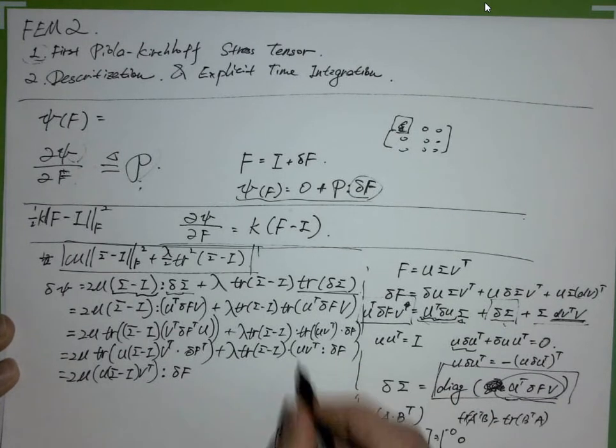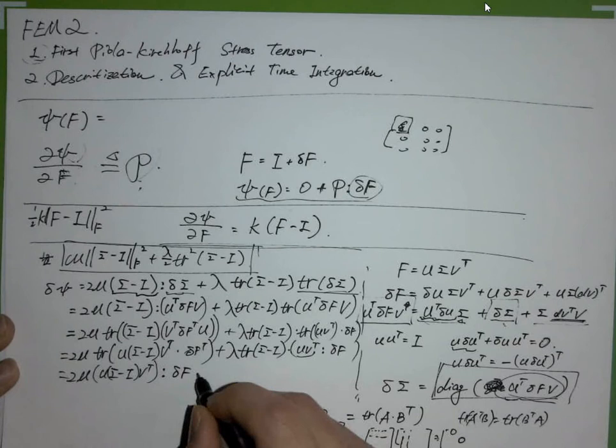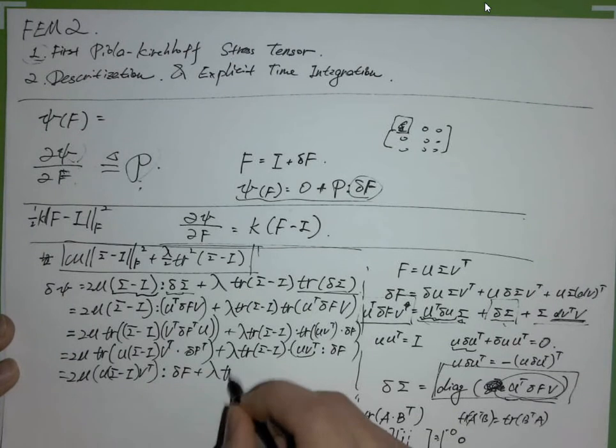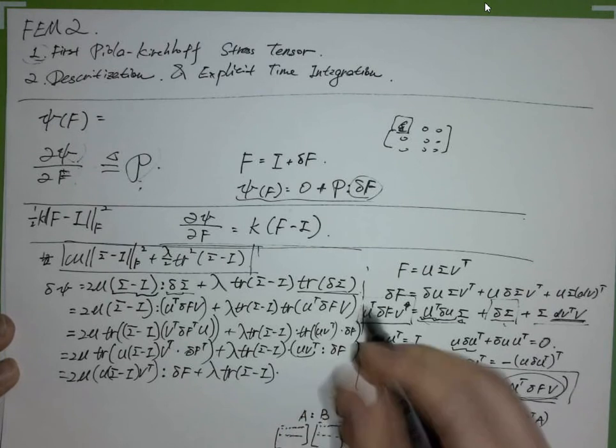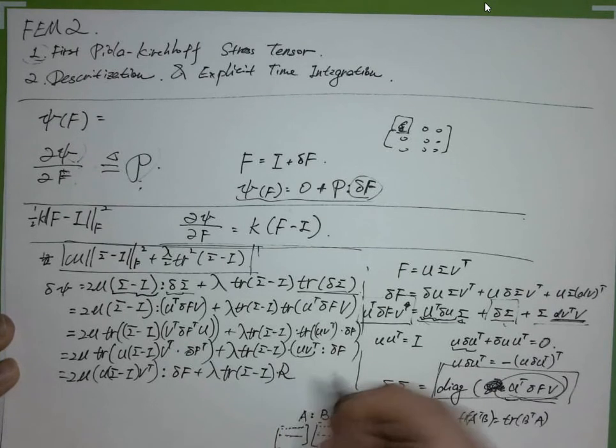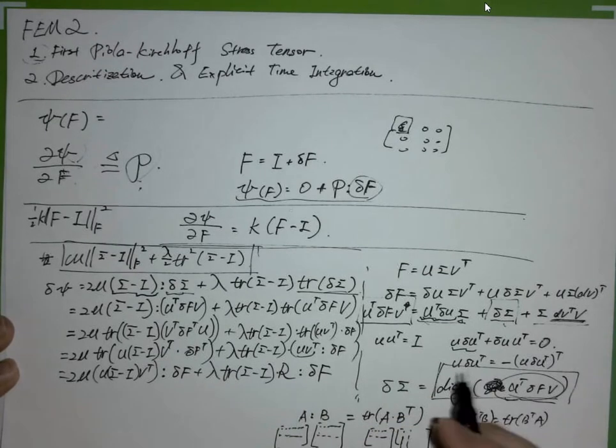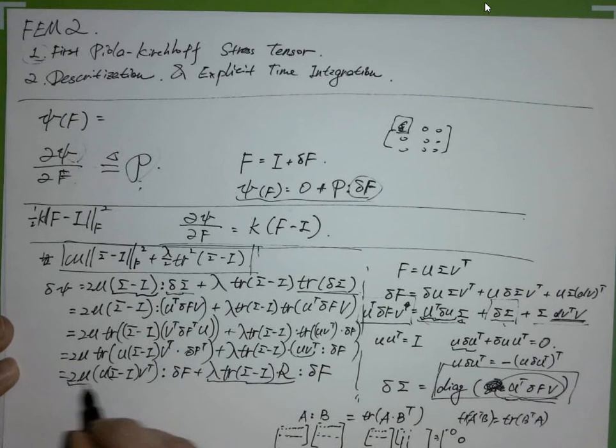And I'm going to move this U V transpose forward. It becomes the trace of sigma minus I multiplied by, what is U V transpose? This is the best fit rotation, right? And double contract with dF. And now everyone is out. This one is the second part, and this one is the first part.